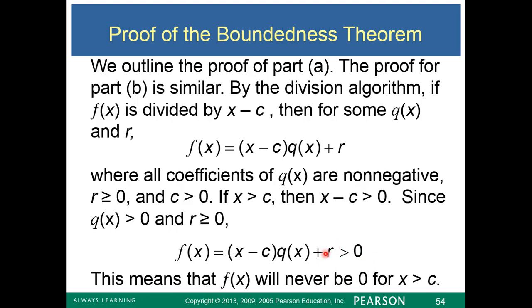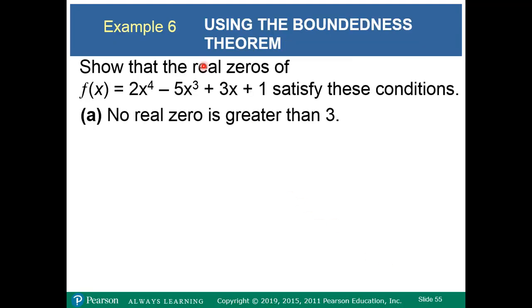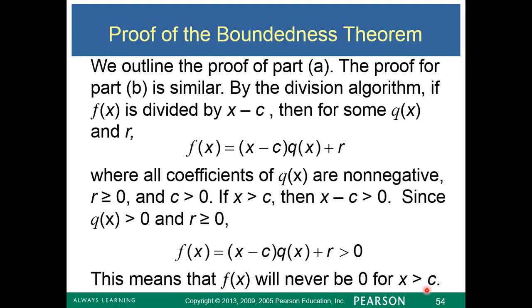The lowest r can be is 0, and we're adding 0 to something positive, so this has to be positive. So f of x will never be 0 for x greater than c, which means there's no other zero. That proves part A.